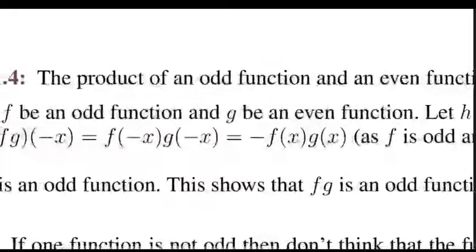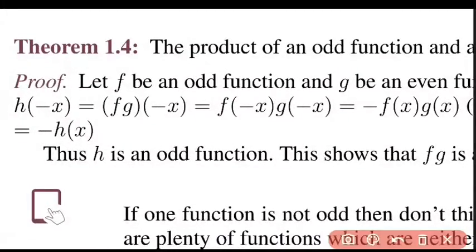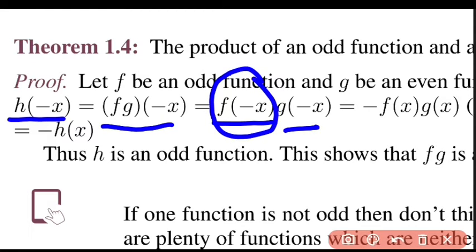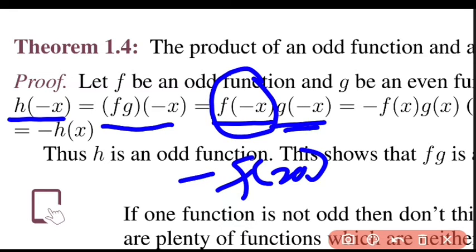To prove whether h is even or odd: h(minus x) equals f(minus x) g(minus x). Since f is odd this is minus f(x), and g is even so it gives g(x).